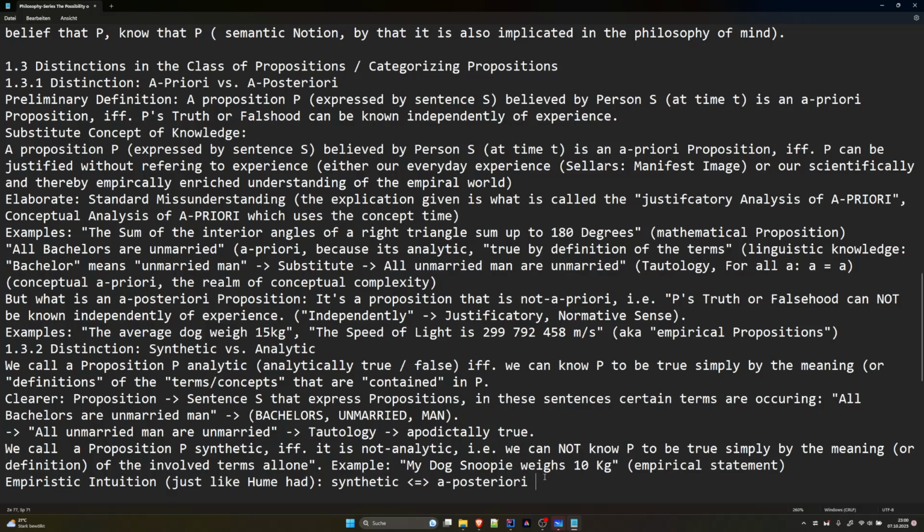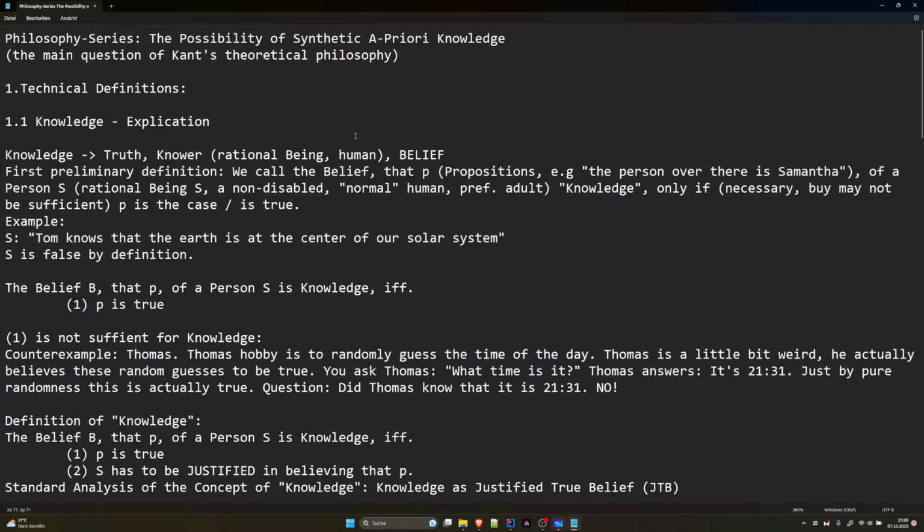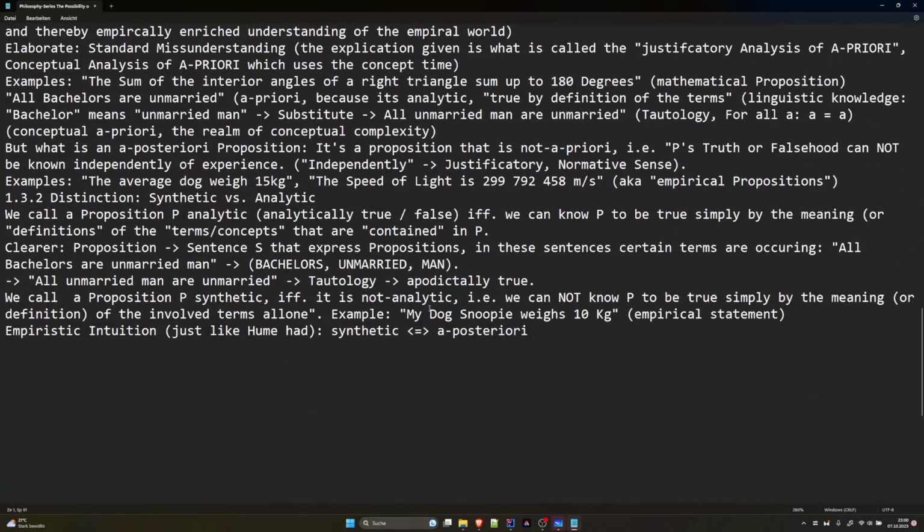Okay, and this is a little bit of an introduction to the next part of the video where we will actually start talking about synthetic a priori knowledge and propositions. There is this intuition that every sentence which somehow has information about the empirical world, and is thereby a posteriori, is also synthetic.